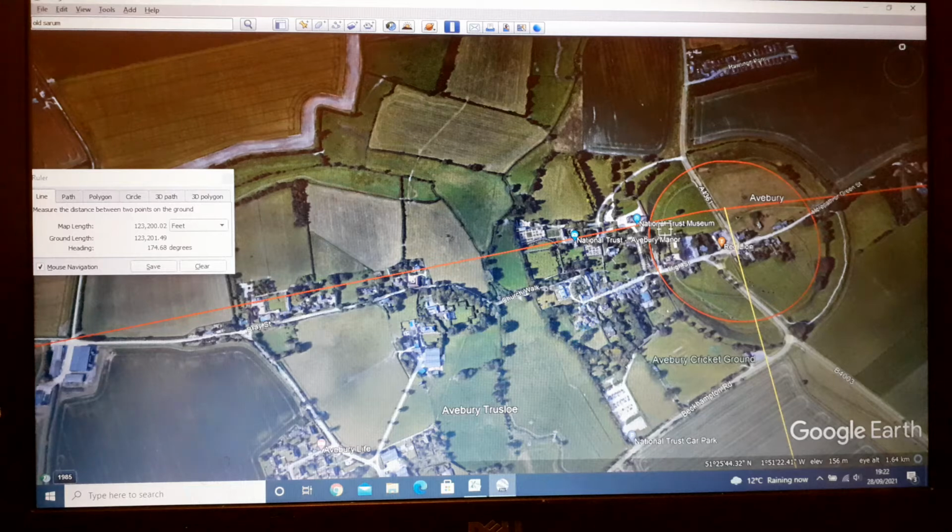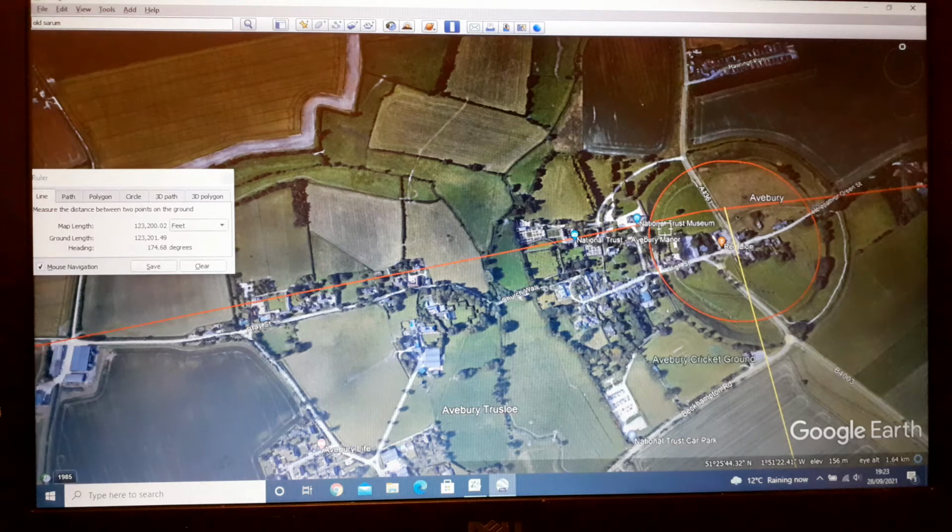I hope you can see that on the left hand side here. So that's the radius of the circle, 123,200 feet. I didn't expect it to be that easy, but because I've preset the circle, turns out it was.